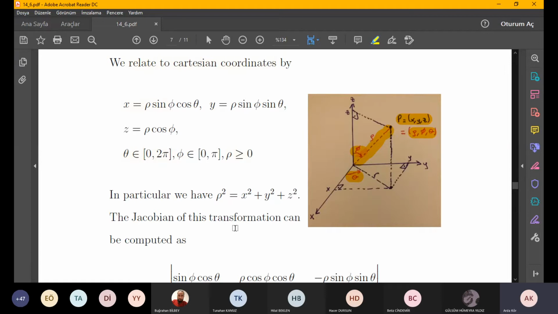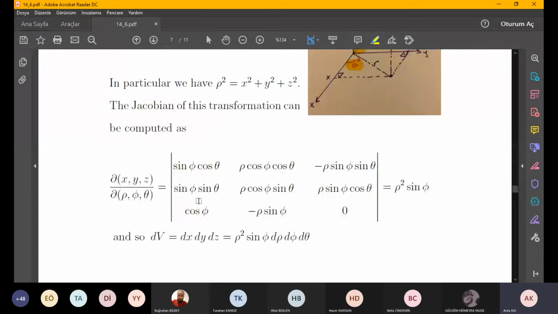Of course, we need to find the Jacobian determinant of that transformation, which will be the determinant of the 3 times 3 matrix, which comes from partials of x, y, and z with respect to rho, phi, and theta.